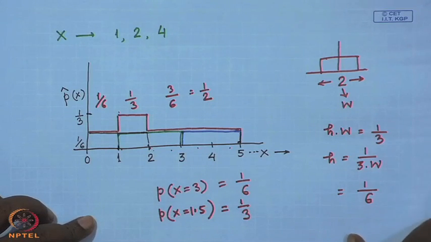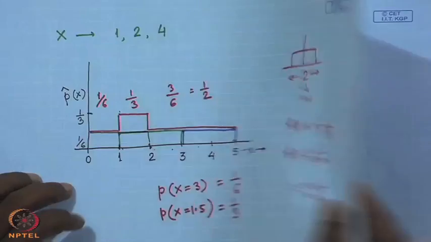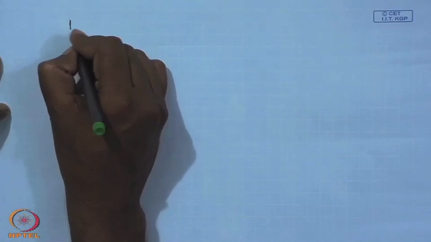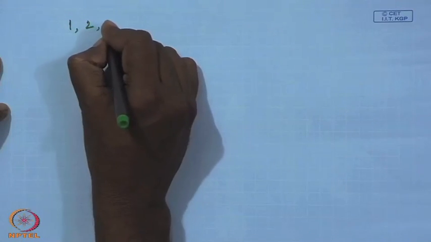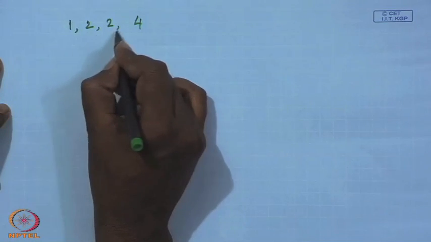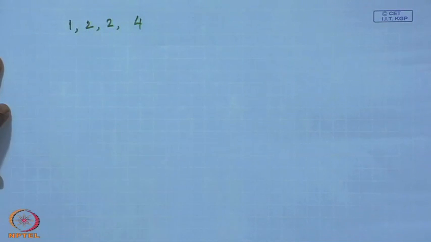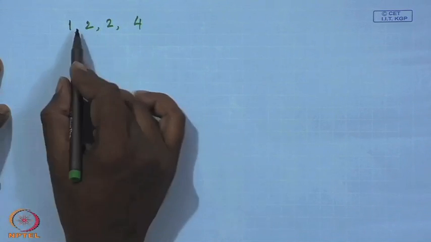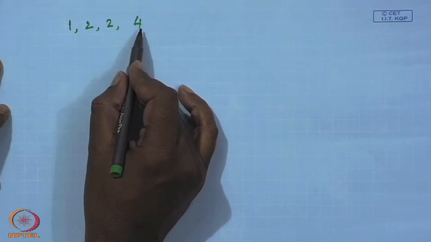So, before I go for other window functions, let us see what will happen if I have the samples as 1, 2, 2, 4. Then obviously I have to place 2 windows at location 2, and the total number of samples that I have is 4.